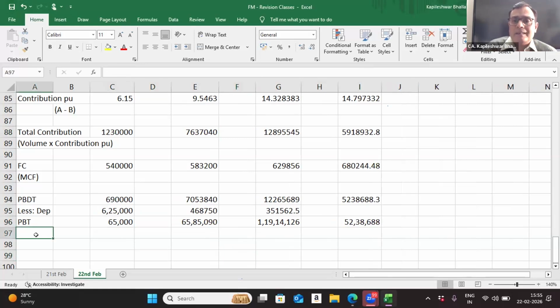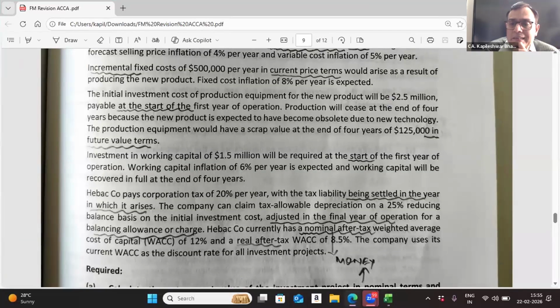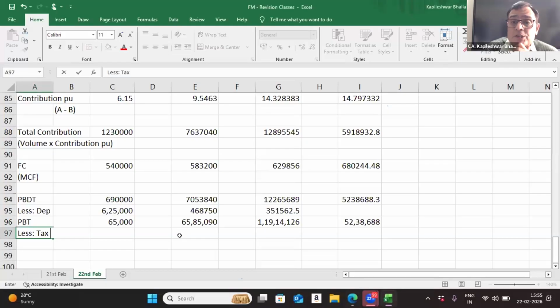Now we need to consider the tax. So let's consider the tax. The tax is given to me at the rate of 20% and it is settled in the year in which it arises. So we need to be careful. The tax in this case is not in terms of arrears.